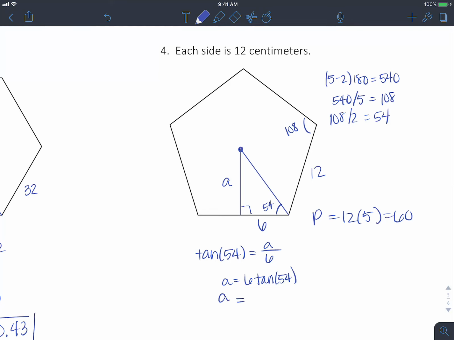And our apothem comes out to be 8.26. So our last step is going to be area: 1/2 times 8.26 times 60. So it's going to be 247.8.